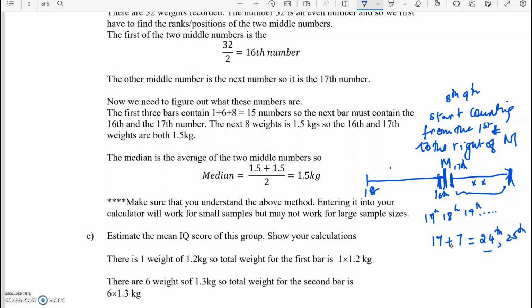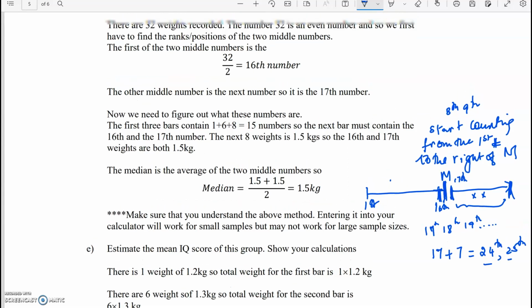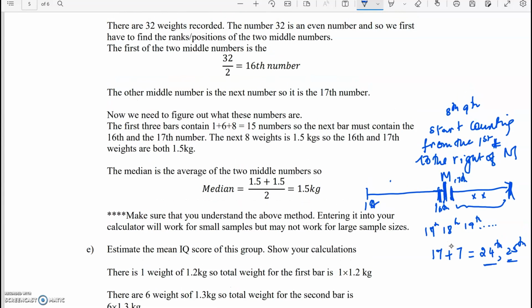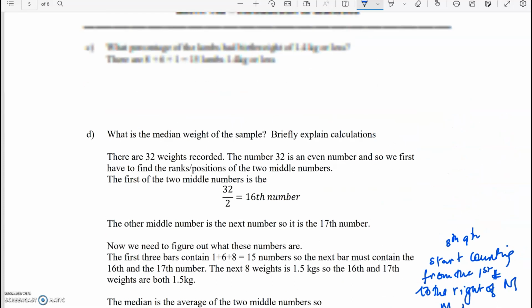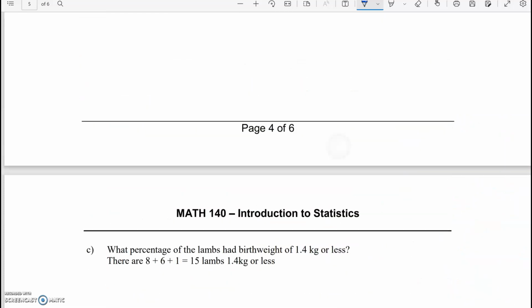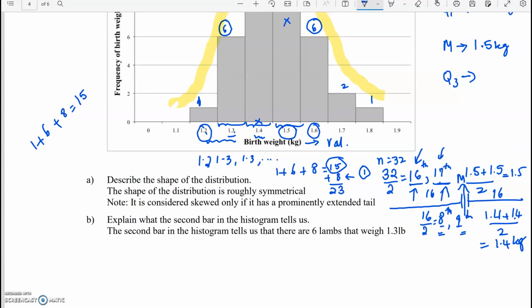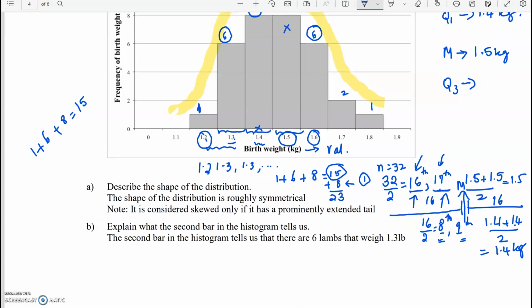So the 24th and the 25th numbers are the two middle numbers on the right side. These are the locations. Now we just need to identify what the 24th and the 25th numbers are.